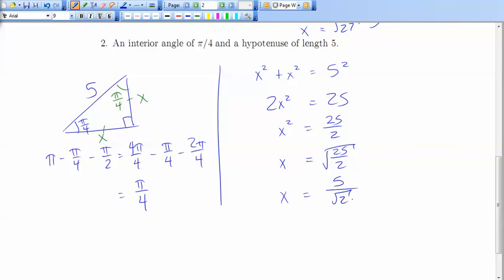And if you want to be really polite, we can rationalize that denominator, multiplying top and bottom by root 2, and we get that x is equal to 5 root 2 over 2. So there we go. So again, you can use the Pythagorean theorem. I'm sure you're very familiar with it whenever you have a right angle triangle. And we saw in these examples, of course, that's also the situation where you can use SOHCAHTOA. Thank you.